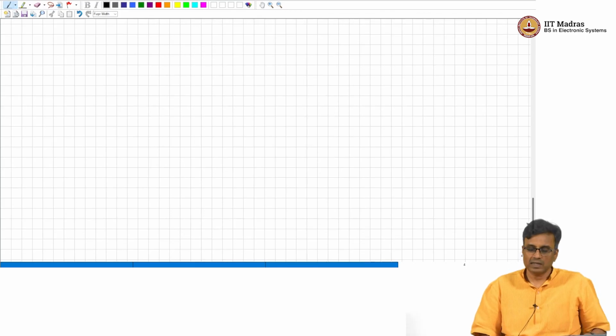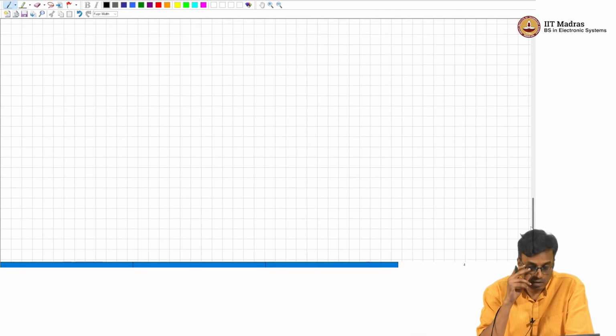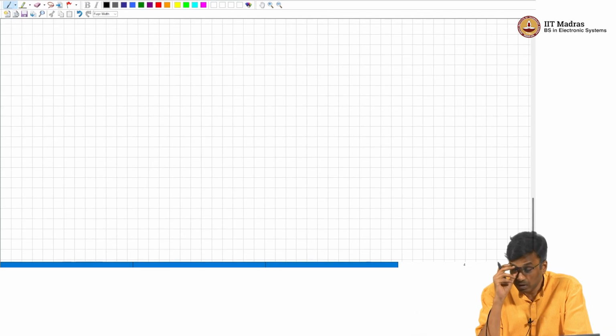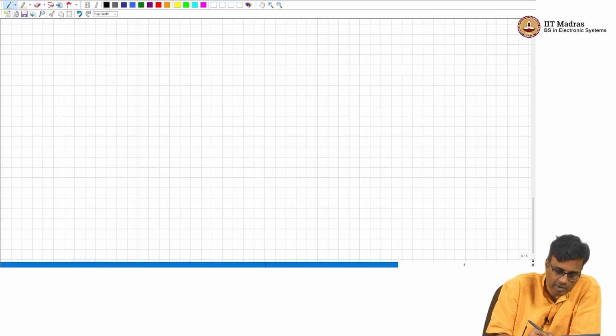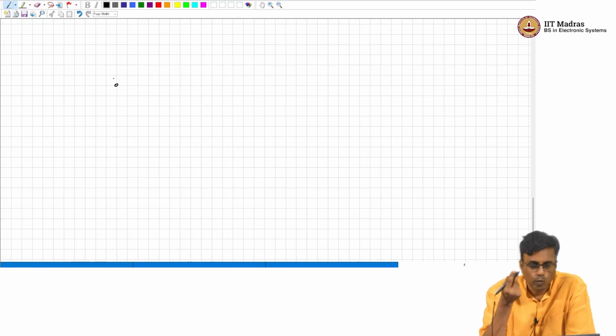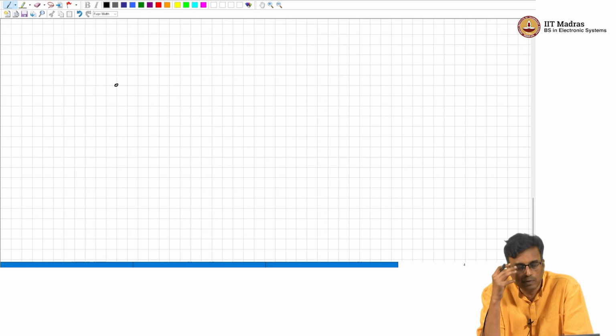So, now let us start looking at the applications of op amps in circuits with memory, right. And the first circuit: what circuit elements do you know which have memory? The capacitor and the inductor, right.